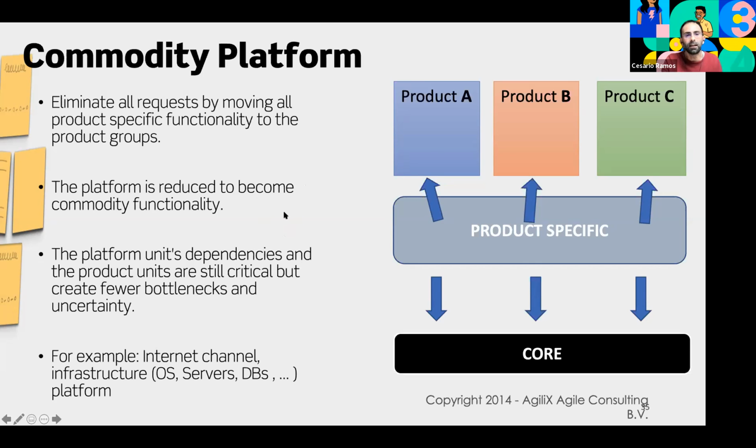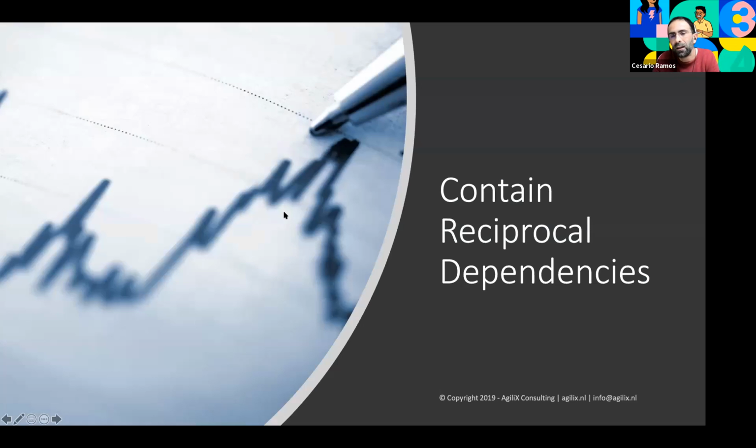Another one that I can share, because there's still time, is one you probably have seen before. And that is, if you have dependencies that are reciprocal, meaning they are constantly going on.